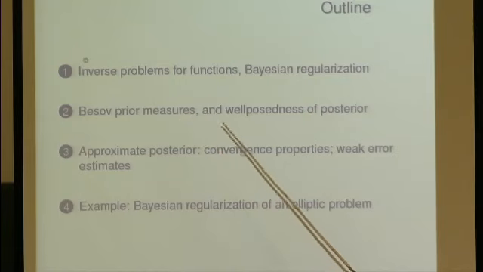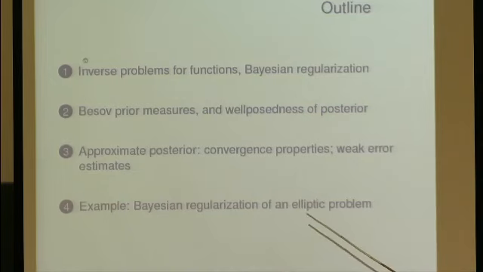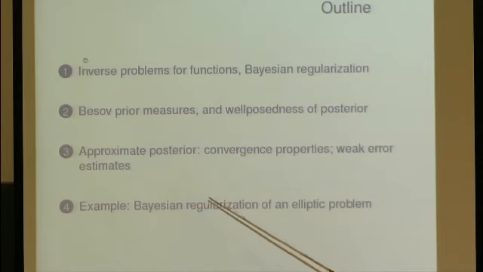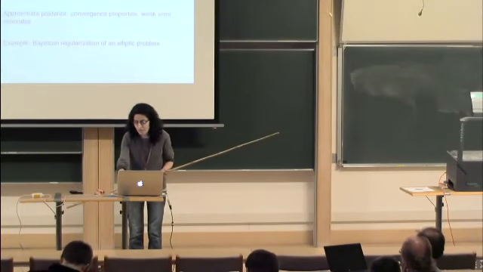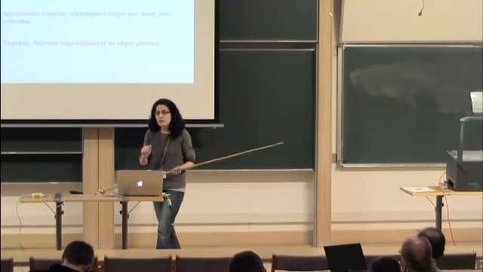One useful thing about this infinite dimensional setting is that we can quantify accurately the approximations of the posterior on finite dimensional spaces. That is the next thing I'm going to tell you about. And finally, I will give an example of the application of all these in the case of an inverse elliptic problem.